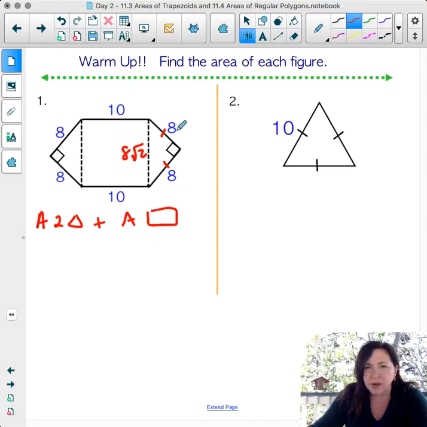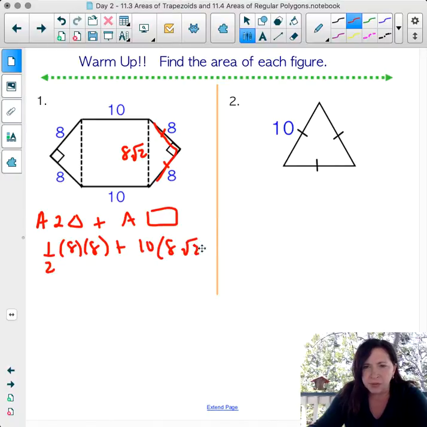So we've got the area of the triangle, which is going to be 1/2 base times height. So this is my base and my height, because remember, for the area of a triangle, the base and the height have to be perpendicular. So we've got 8 times 8 plus the area of the rectangle here, which is 10 times 8 root 2.